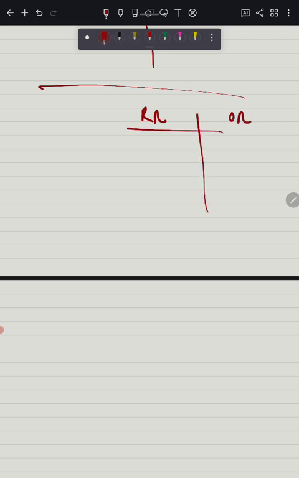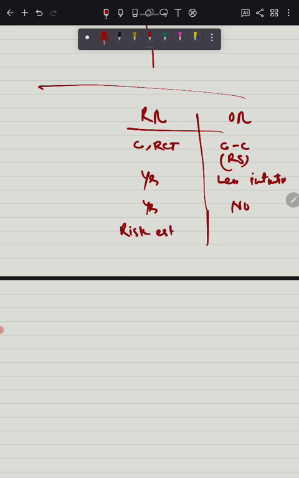Type of study: relative risk in cohort and randomized clinical trials, whereas odds ratio is used in case control or retrospective studies. Relative risk is easy to interpret, whereas odds ratio is less intuitive. Direct probability is present in relative risk, not in odds ratio. Common use: relative risk gives a risk estimate, and odds ratio gives an approximation of RR in rare diseases.